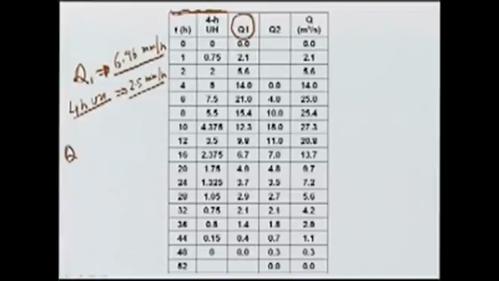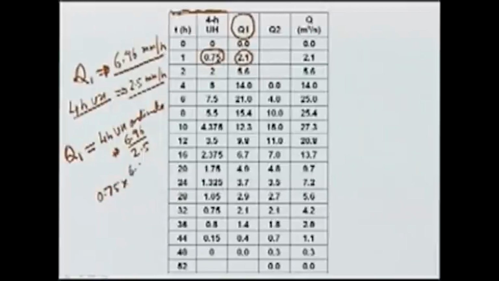So, Q1 can be obtained by the 4-hour ordinate multiplied by this factor of 6.96 over 2.5. So, this 2.1 is nothing but 0.75 times 6.96 divided by 2.5. This will give us 2.1.